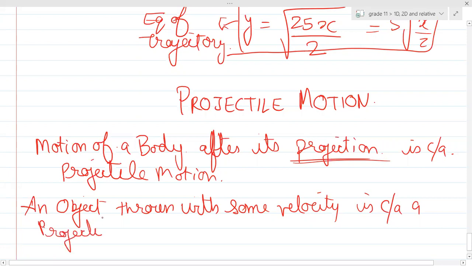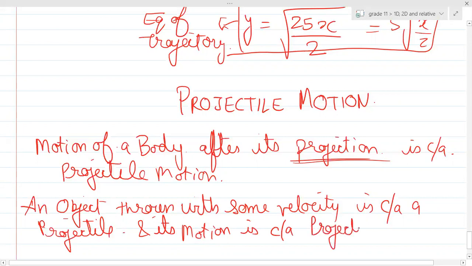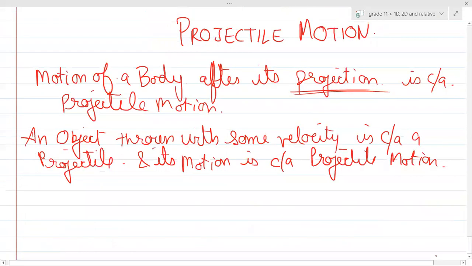and the motion of this object is called projectile motion. Perfect. In simple words, projection means basically to impart some velocity.